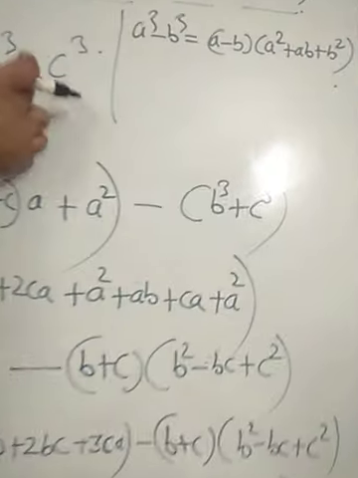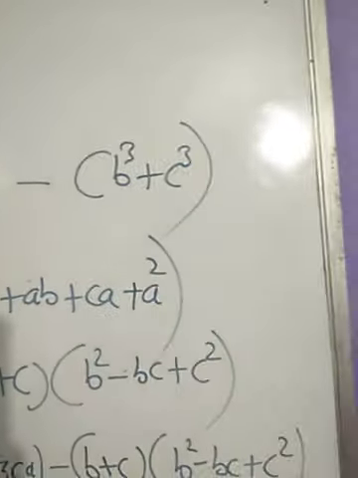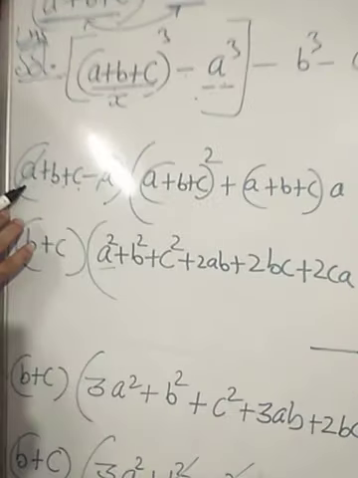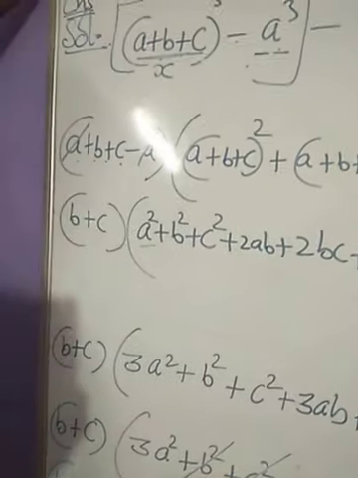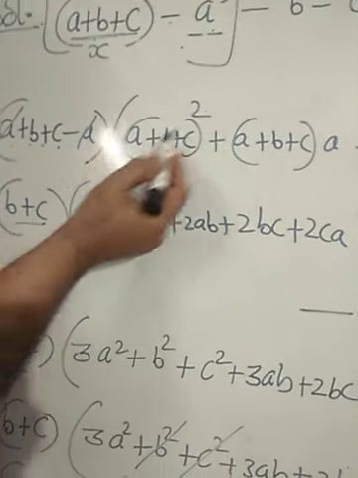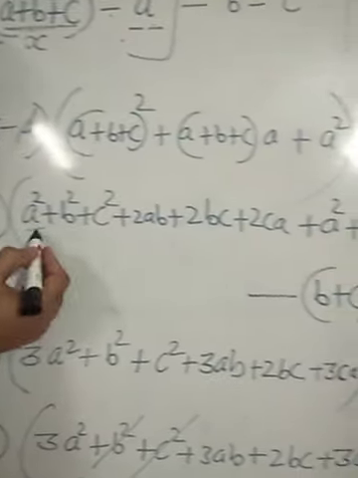And from the last two terms take minus common, it is b cube plus c cube. Here a cancels with a, what is left? b plus c. Now open this square, a plus b plus c whole square, identity.